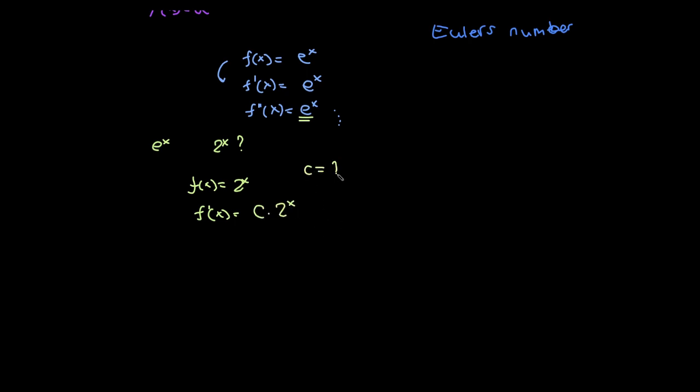So what's this constant going to be? Well, this constant is actually log base e of 2. So you take the base of your exponent, that's going to be 2. That's the input to your logarithm, and the base of your logarithm is always e.